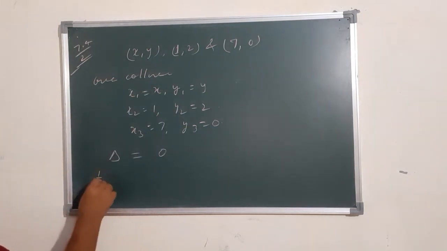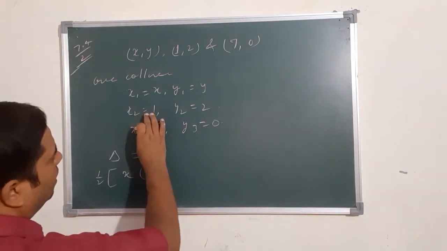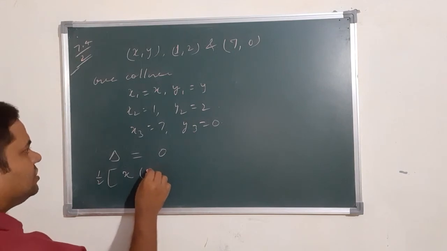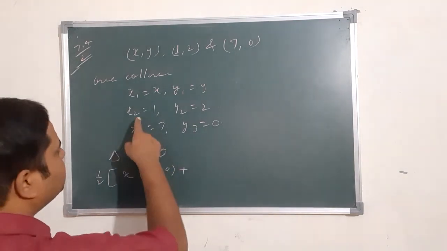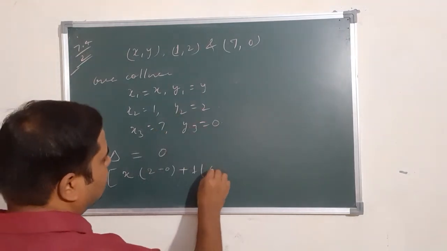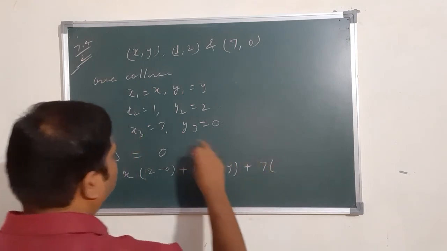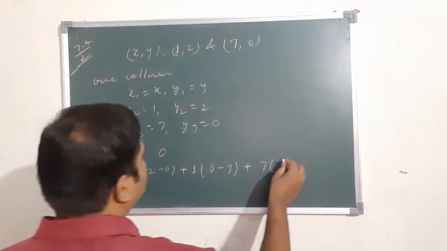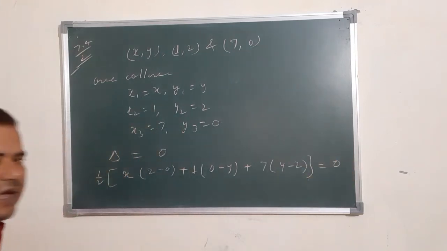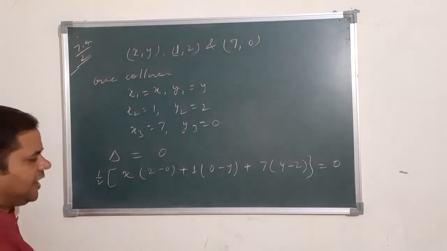So delta is equal to 1 by 2 times x1 (y2 minus y3), that is x (2 minus 0), plus x2 (y3 minus y1), that is 1 times (0 minus y), plus x3 (y1 minus y2), that is 7 times (y minus 2), and this should be 0 if they are collinear. Now 1 by 2 is not 0, that's why this bracket is 0.